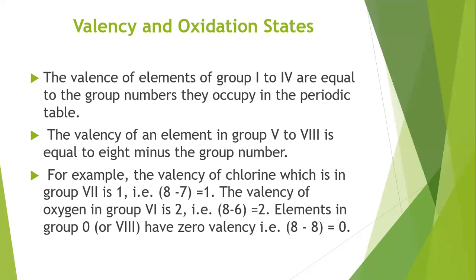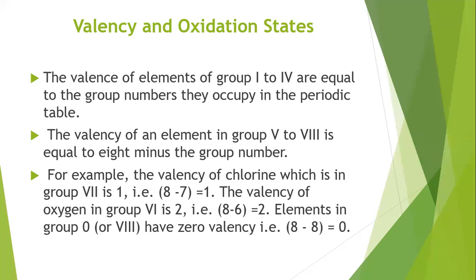So elements in group 1 have valence 1, the same goes for 2, which has 2, 3 has 3, and 4 has 4. So the valence of elements in groups 1 to 4 is just equal to the group number they occupy in the periodic table.